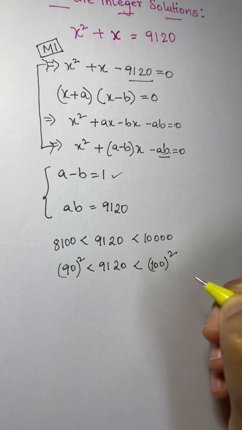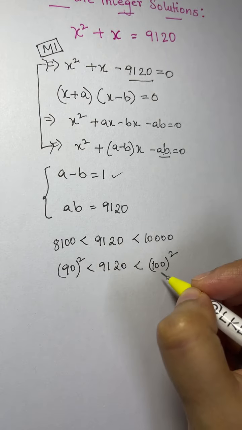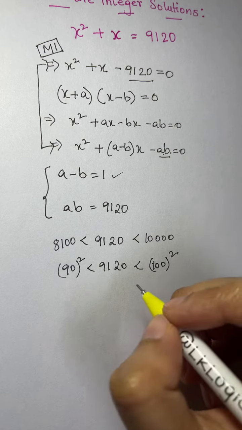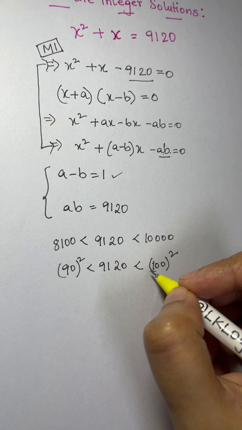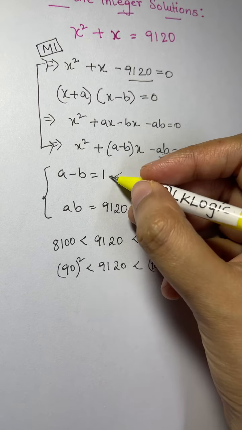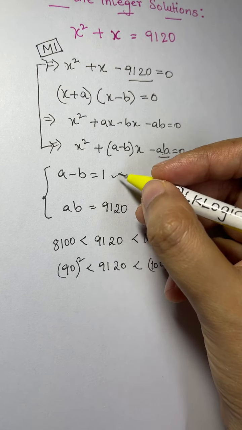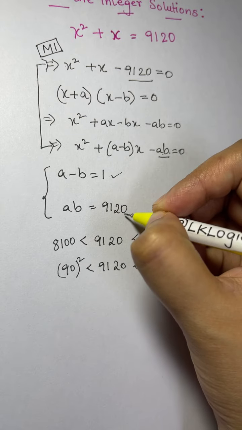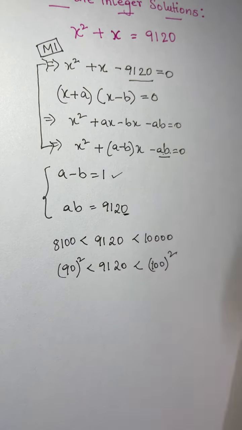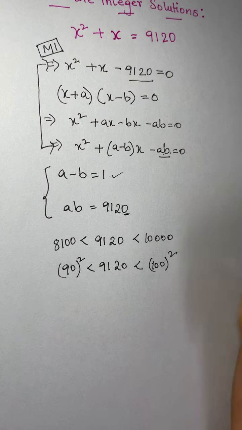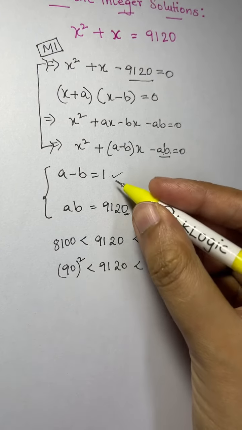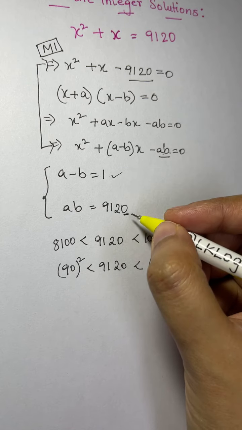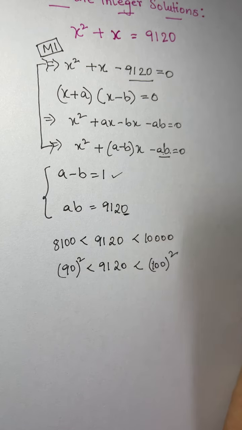So 9120 lies between 90 squared and 100 squared. So we have to find two numbers between 90 and 100 which, when we subtract, give 1, and the last digit of the product, ab, should be 0.